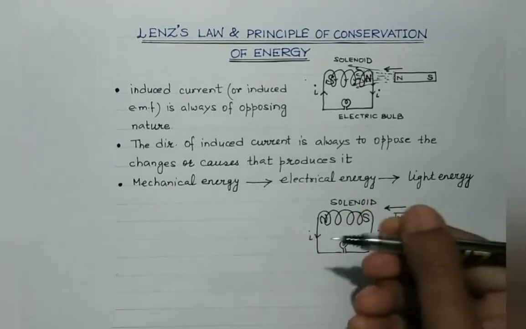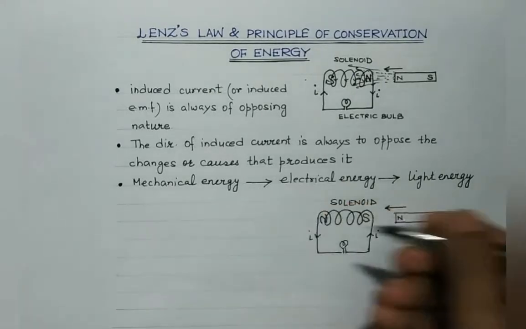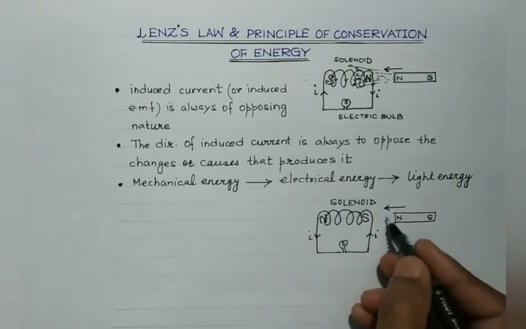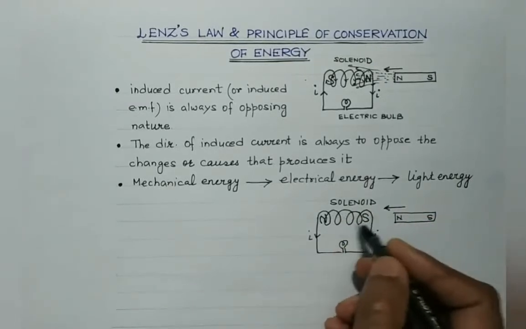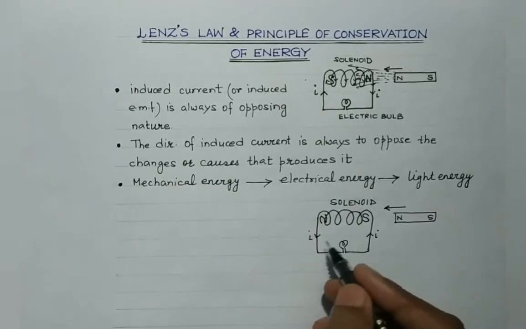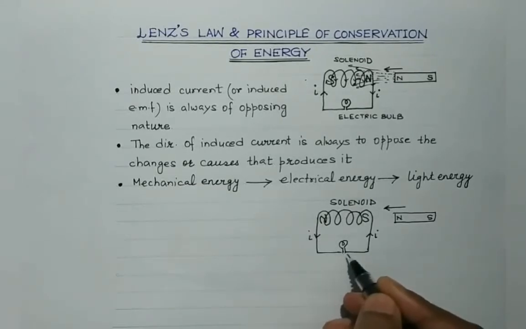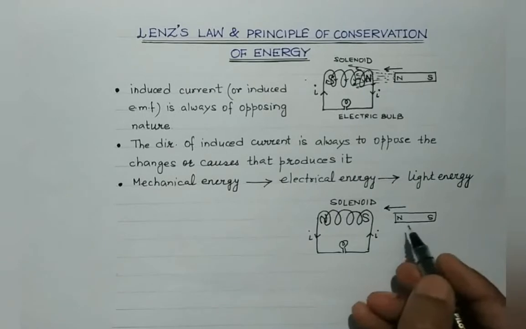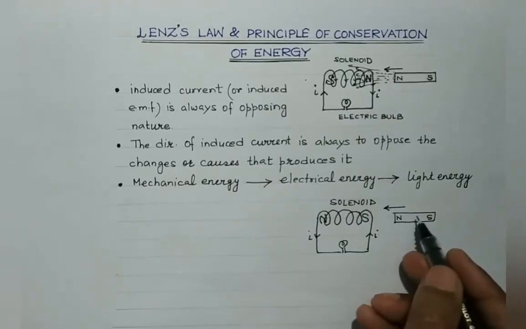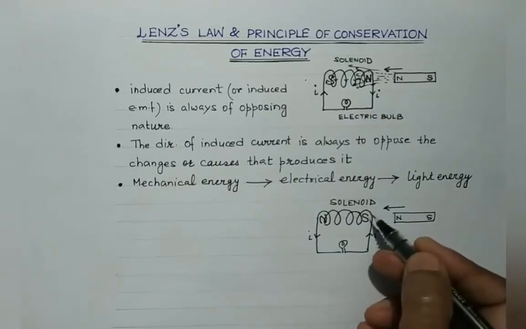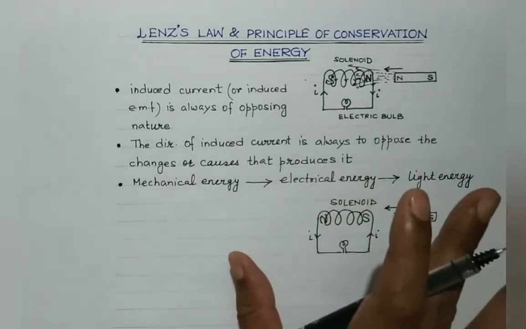As it experiences force towards the solenoid, it will gain velocity, so its kinetic energy will increase. And due to the change in the magnetic flux, it will produce induced current, which will then further light up the bulb. So in such a scenario, the bulb will radiate light energy, as well as the magnet will gain kinetic energy at the expense of nothing.